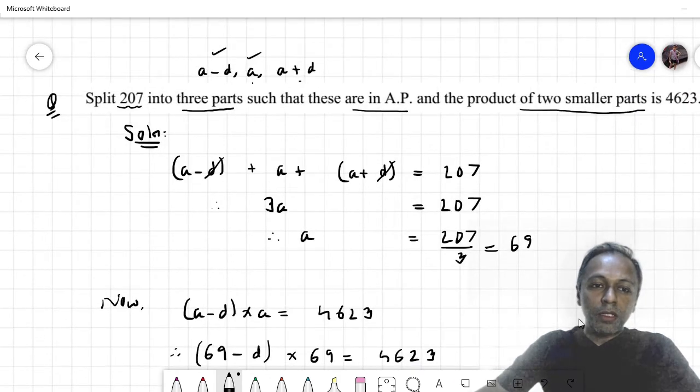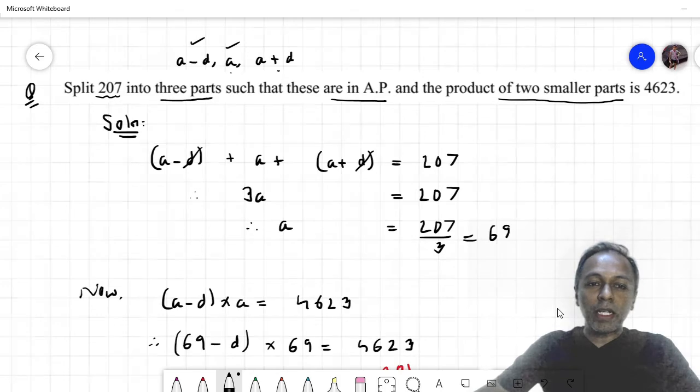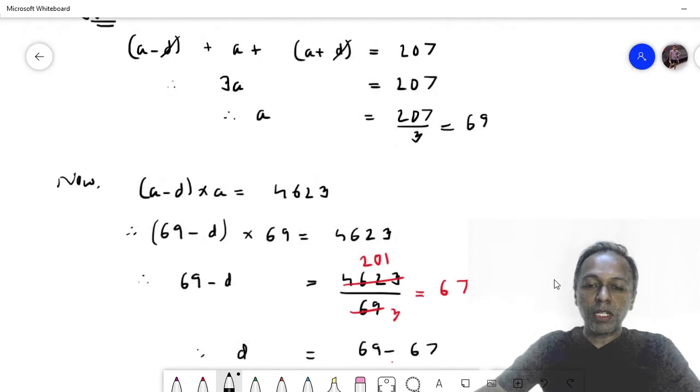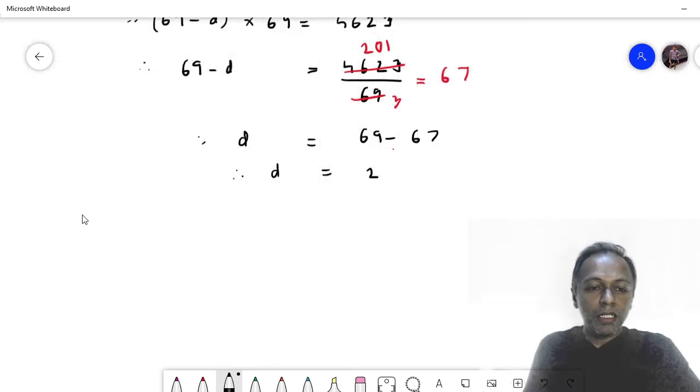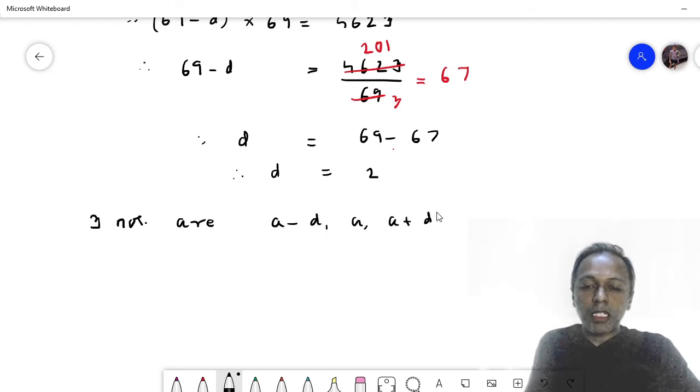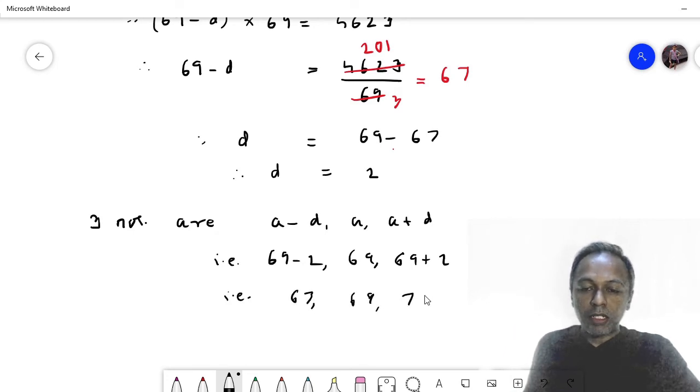We are asked to find three numbers split into three parts. That's what he has said. So let's write three numbers are, what were they? A minus D, A and A plus D. That is 69 minus 2, 69 and 69 plus 2, that is 67, 69 and 71.